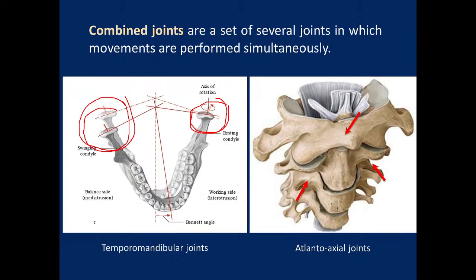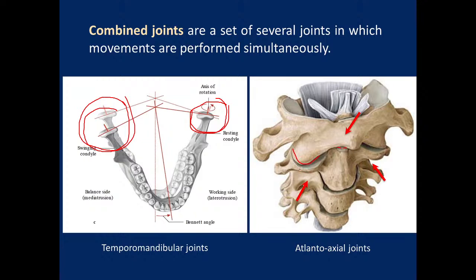Here you see the joints between the first and second cervical vertebra, between atlas and axis vertebra, and there are three joints.